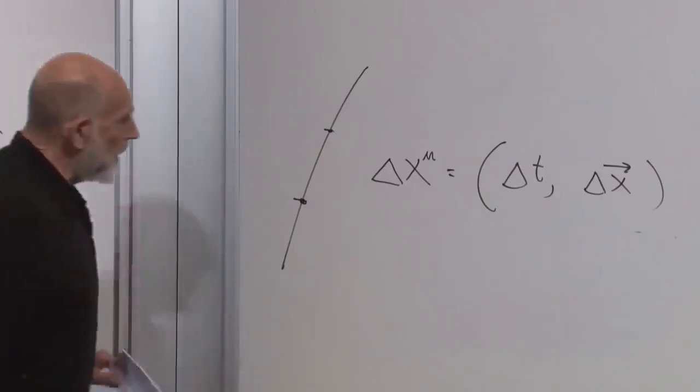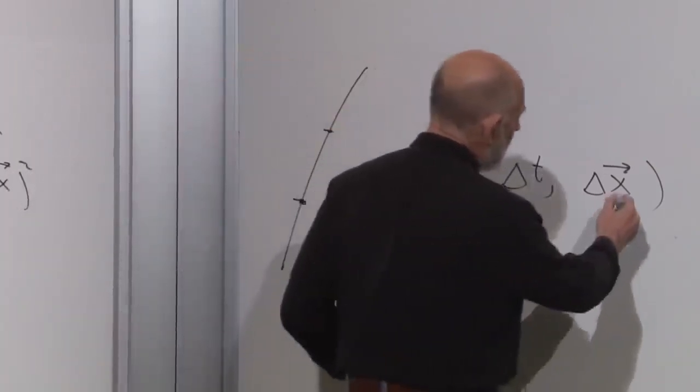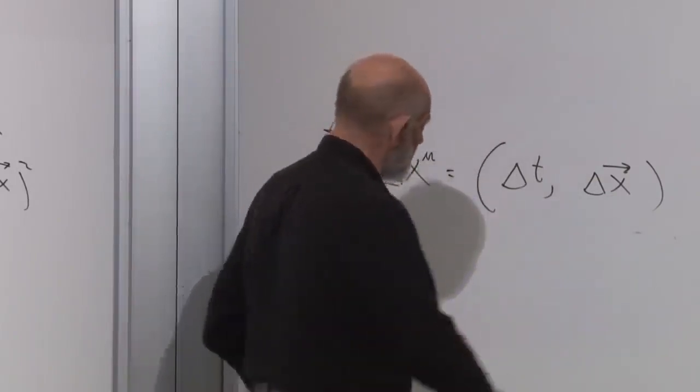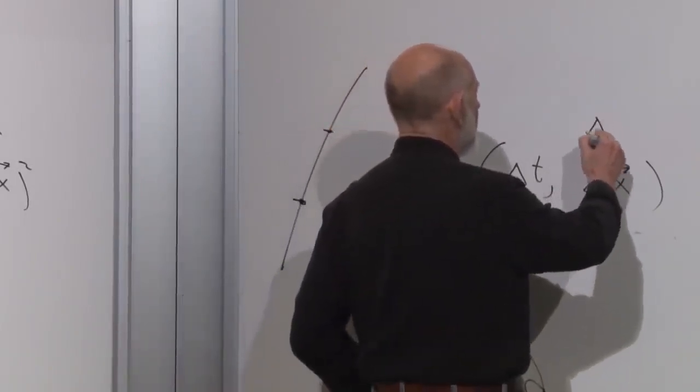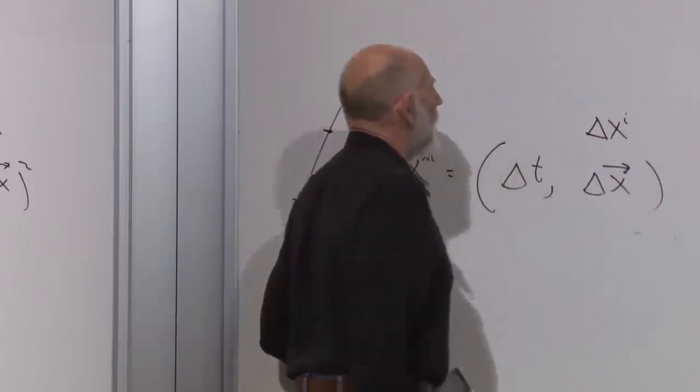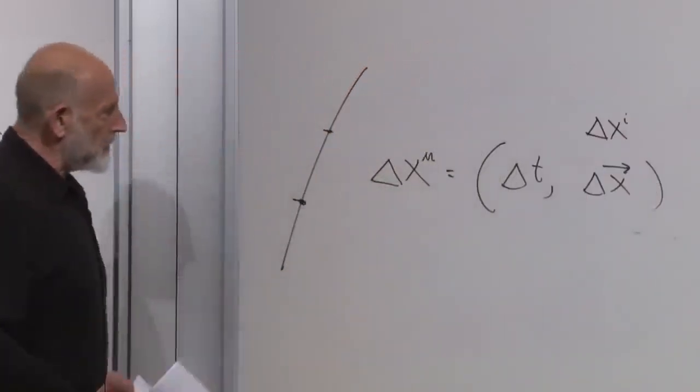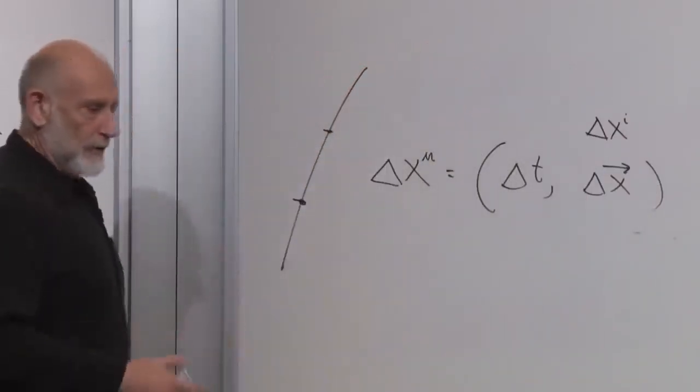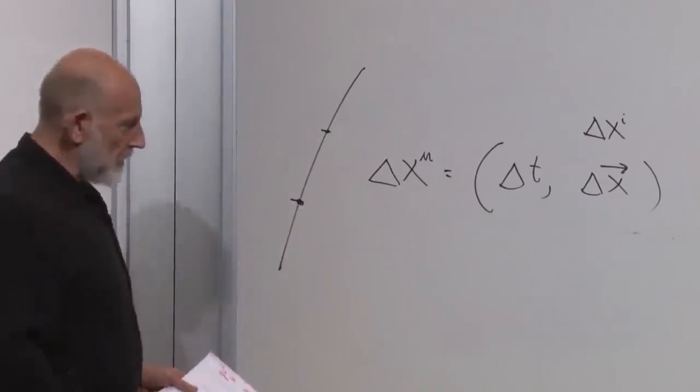That's delta x mu. Sometimes I will call these spatial delta x's, sometimes we'll call them delta xi. When you see an i, it just runs over space. When you see a mu, it runs over all four coordinates of spacetime.